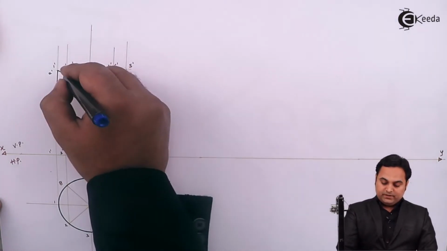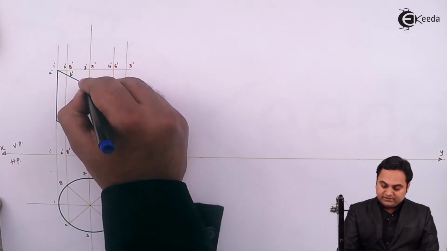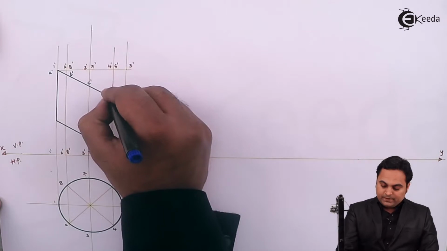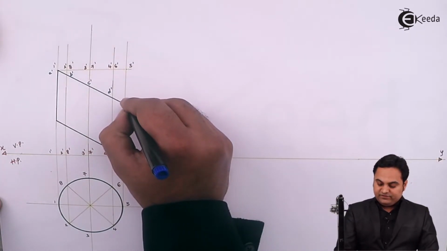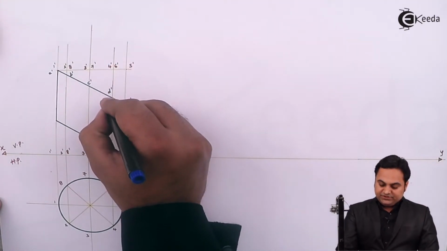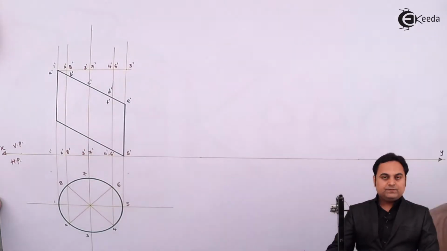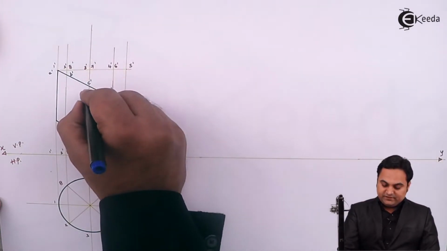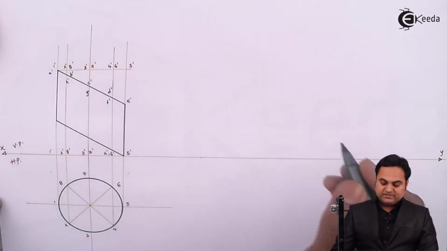Then it is cutting 2 dash, I'll say that point is B dash. Where it is cutting 3, that is C dash. Then where it is cutting 4, that is D dash, and fifth will be E dash. Where it is cutting generator 6, that will be F dash. Where it is cutting 7, G dash. Where 8, that is H dash.